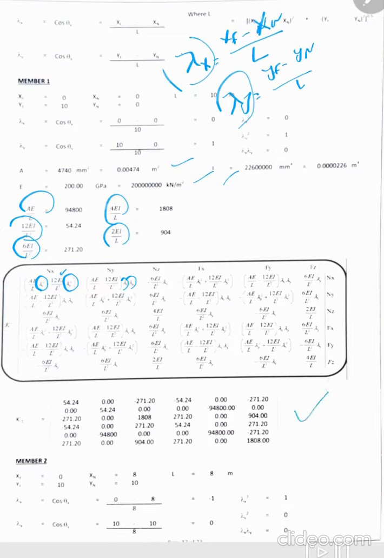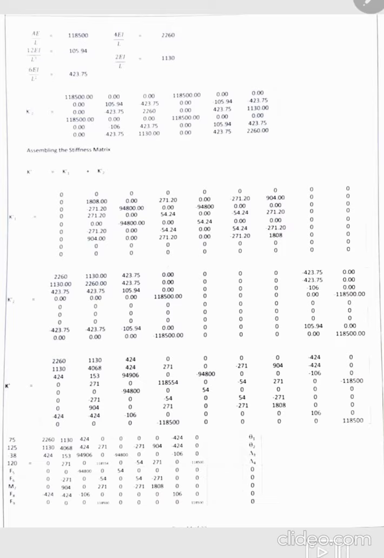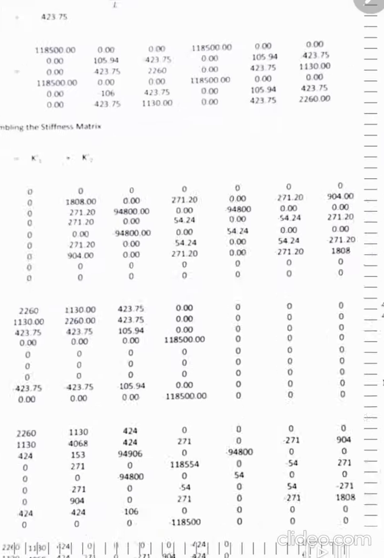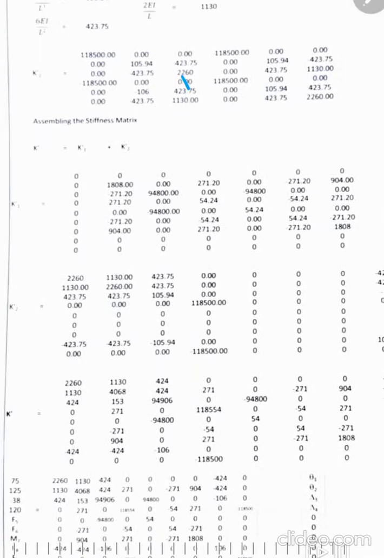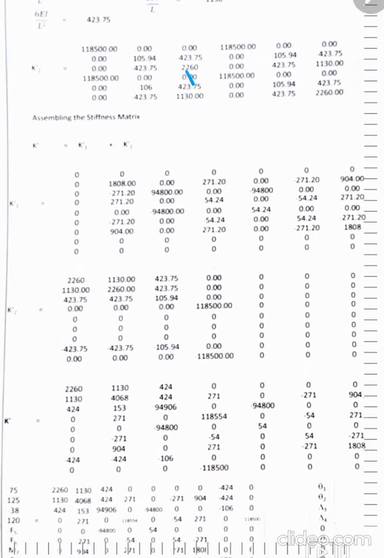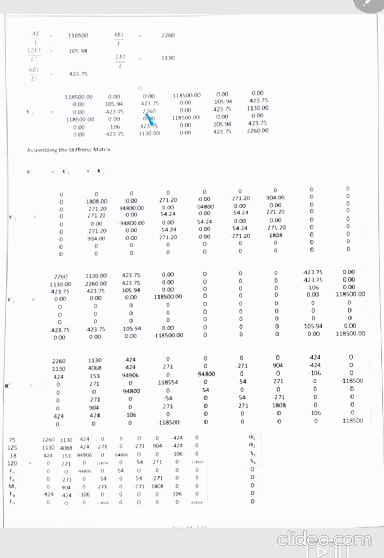And find this is K1. Then go to member number 2, same, find the lambda x and lambda y. Also find the elements or factors inside your matrix, like AE over L and 12EI, and so on.